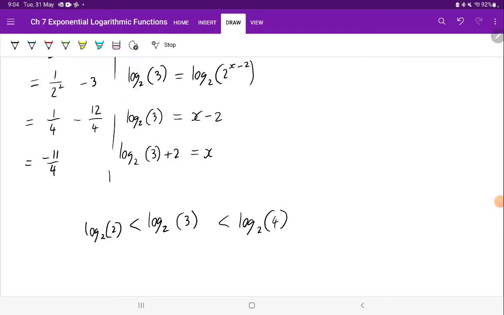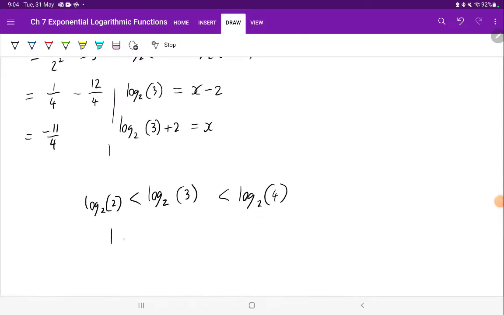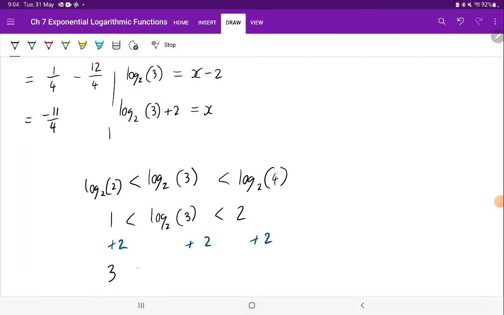So it's got to be in between those two. Log 2 of 2 is 1, log 2 of 3, and then log 2 of 4 is 2. So it's somewhere in between those two, but again, we want to add 2, so let's add 2 to everything: 3 and 4. So it's got to be somewhere between 3 and 4 when we're sketching it.